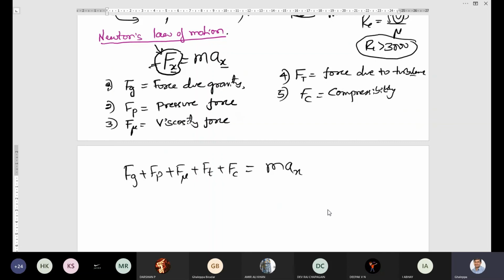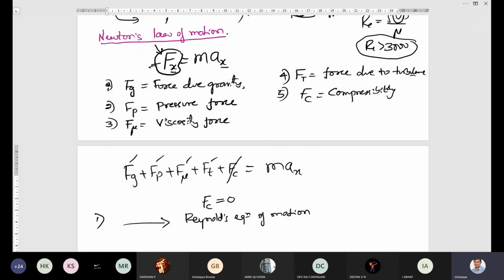Actually, these are the different types of forces applied on that fluid particle. Understood? So if you neglect the force due to compressibility, then the equation we get has force due to gravity, pressure, viscosity, and turbulence. That equation we will call the Reynolds equation of motion.